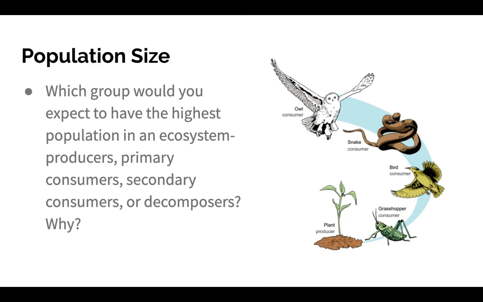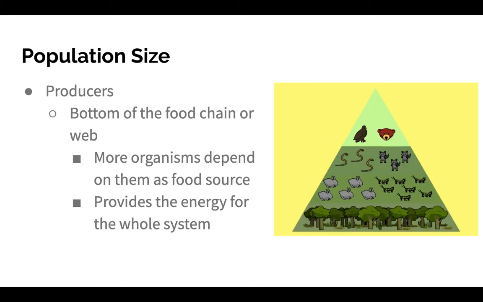So knowing that, which group would you expect to have the highest population, the most number in an ecosystem? The producers, the primary consumers, the secondary consumers, or the decomposers? So we're going to be looking more at the bottom of the food chain. And actually, the decomposers are going to have pretty strong numbers as well.